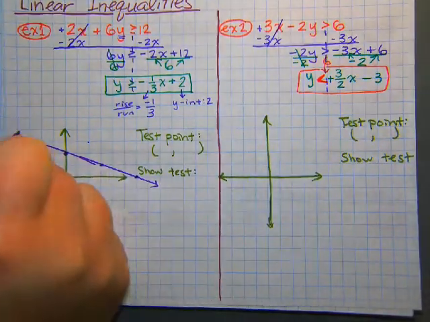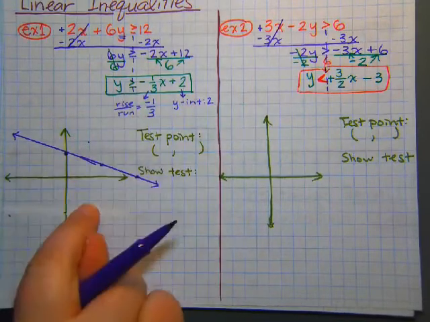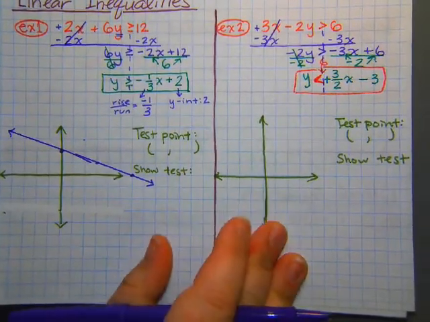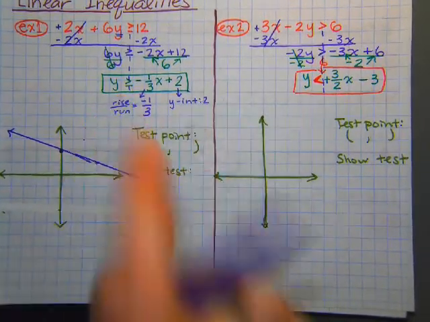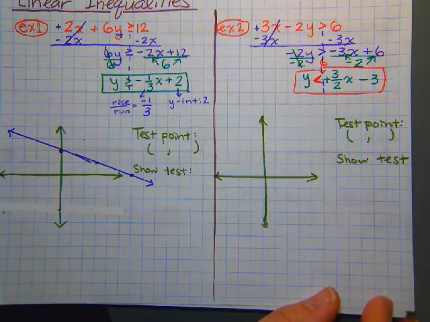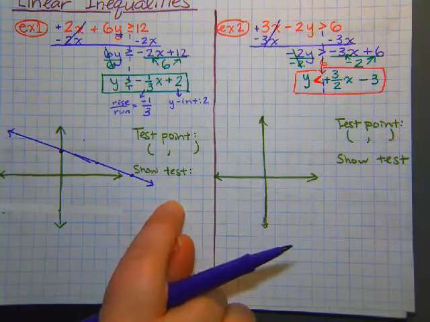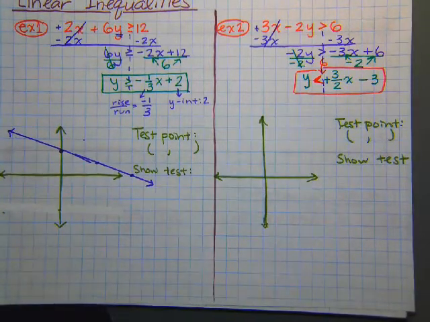And put little arrows on the end. Beautiful. If there was just an equal sign, this would be the line and you would be done. Unfortunately, the inequality means that there's many solutions and we need to shade the area where that is. So that's what this is for. This is to tell us where we should be shading.